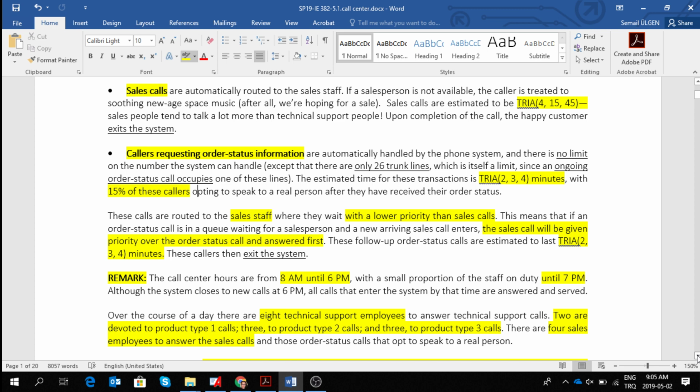These follow-up order status calls are estimated to last a triangular distribution of 2-3-4 minutes, as we said before. After the call is over, they exit the system.